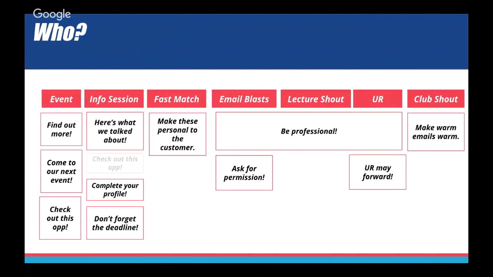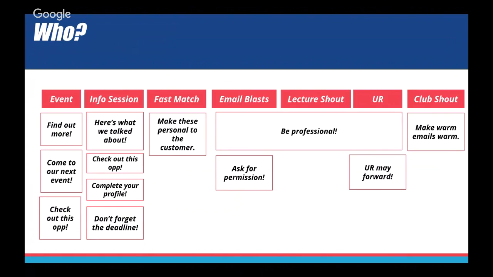So you can see here, I've given you some suggestions based on the different customer flow. So let's say you get some contacts at an event. Different email options you can consider are sending an email about just finding out more.